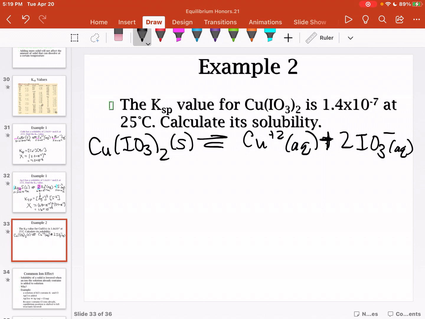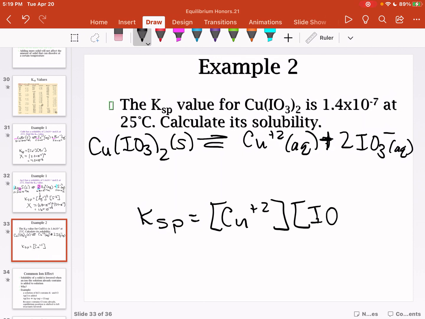And so setting up my Ksp expression, my solid is going to drop out, as we know. And I get the product of the concentration of my products raised to the power of their coefficients, and reactants dropped out. So we now have a Ksp value given to us. Oh, how interesting.